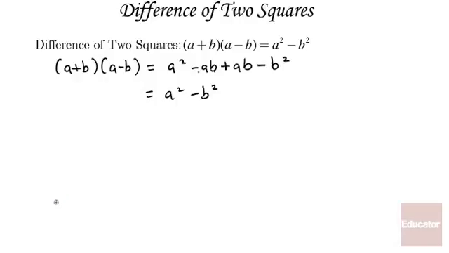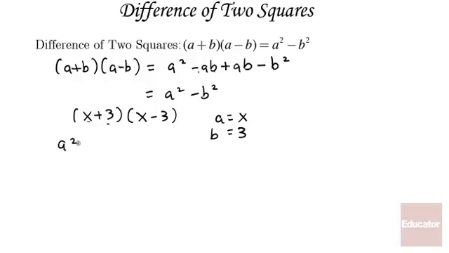Applying this to an example as well, I could have something like x plus 3 times x minus 3, the difference of two squares. So I have to find my value for a. The first term is x, and b is 3. Not negative 3, it's just 3.